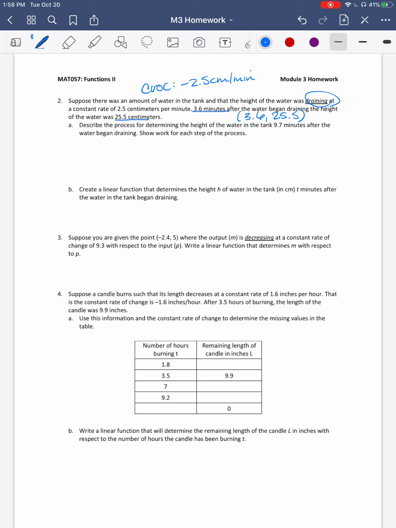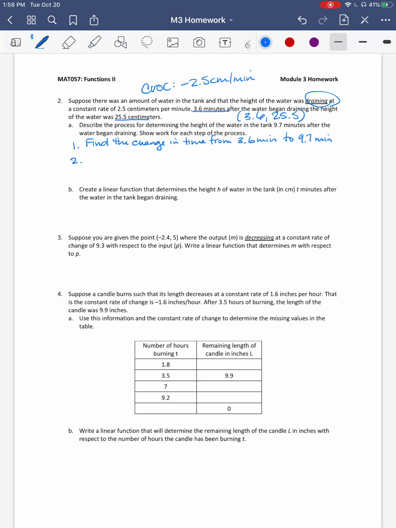So in order to describe my process, the first thing I need to do is find the change in time from the 3.6 minutes to the new one they're asking for, which is 9.7 minutes.